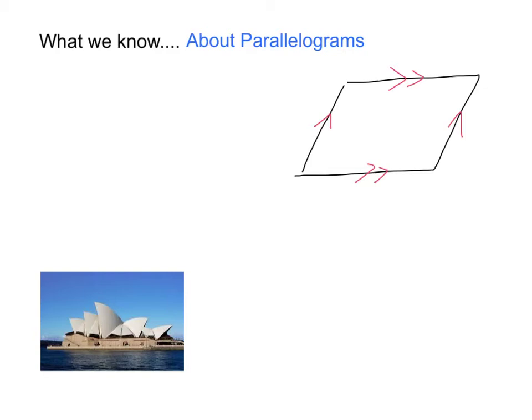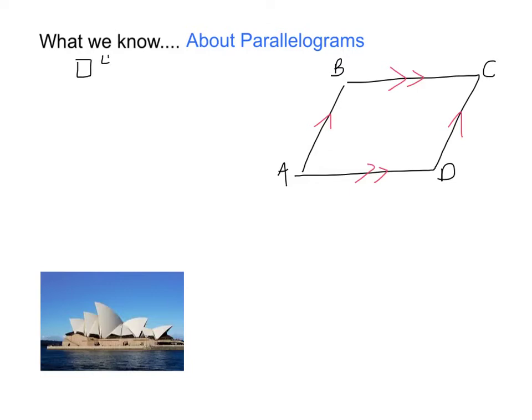So let's start with a list of things that we know, and you're going to add what we know about parallelograms. Go ahead and draw this image, and let's go ahead and label it A, B, C, and D. Because of the definition of parallelograms, here's what I know.